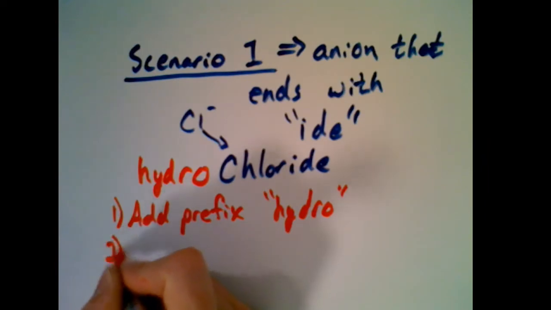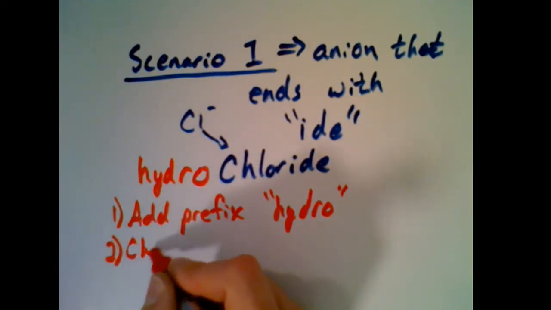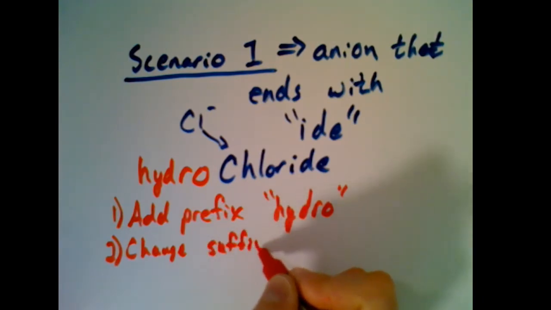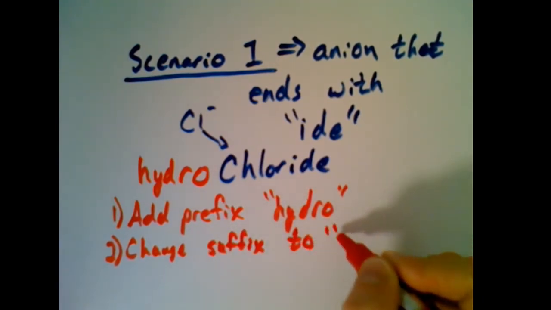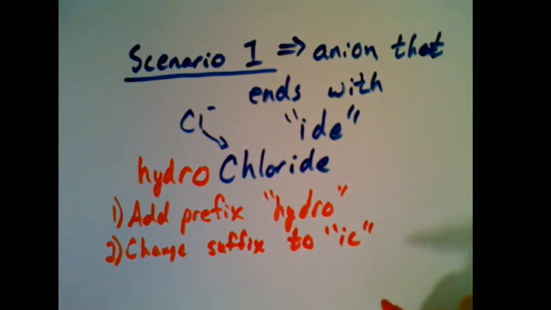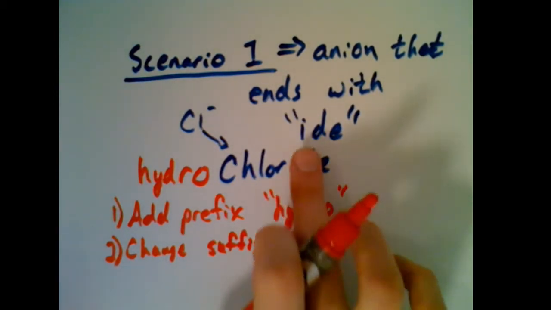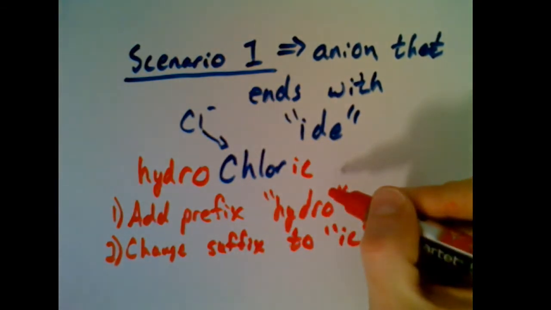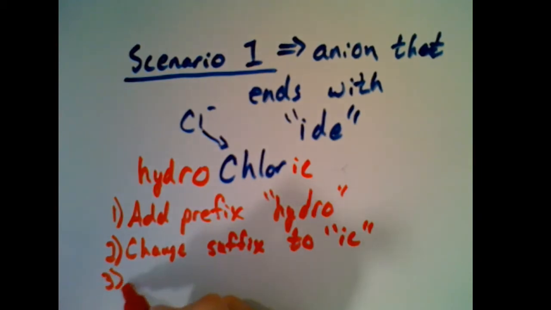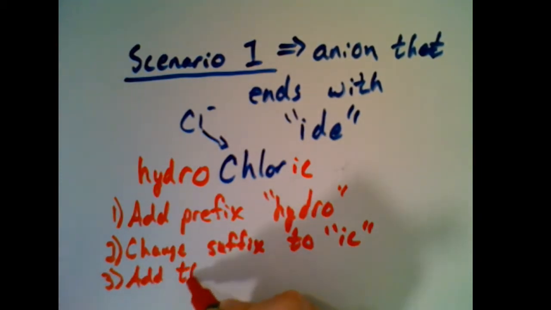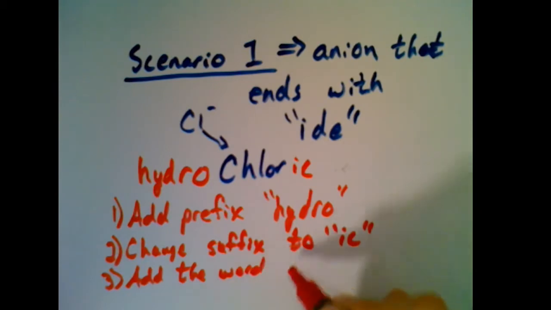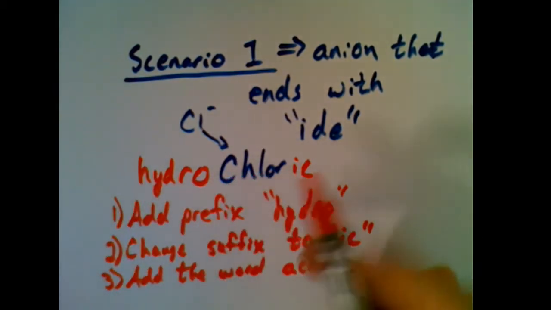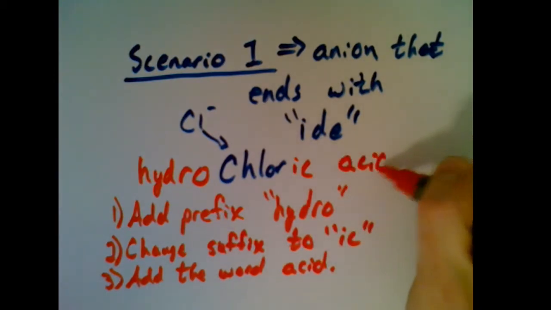The second thing I do is change the suffix, or the ending, to ic. So instead of writing chloride, I would write chloric. And the last thing we do is we add the word acid. So this becomes hydrochloric acid.